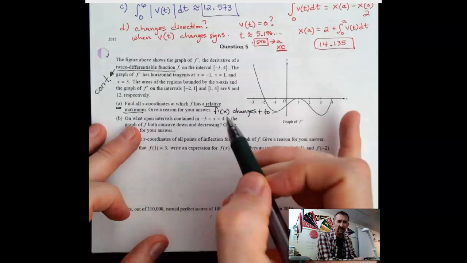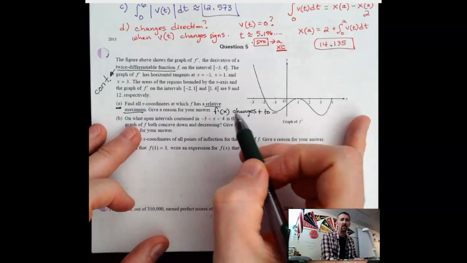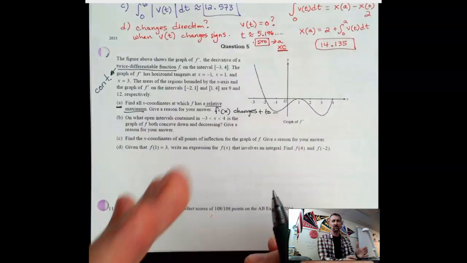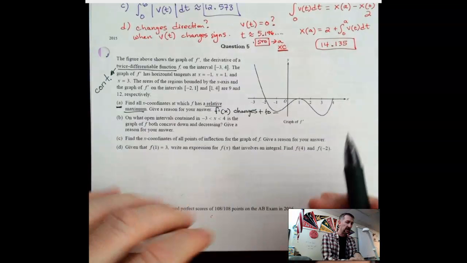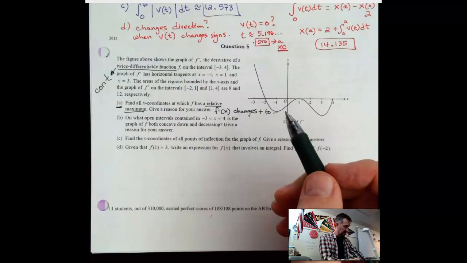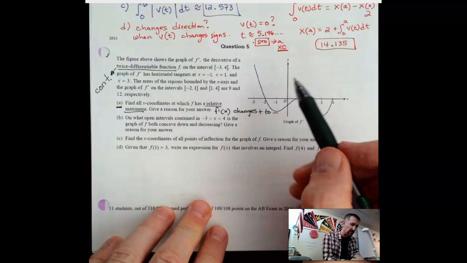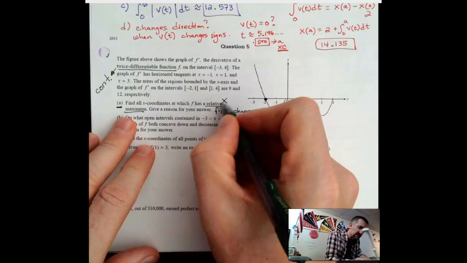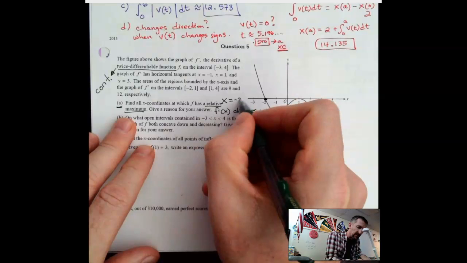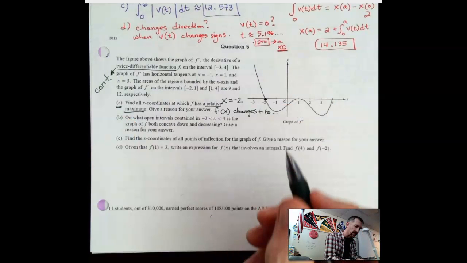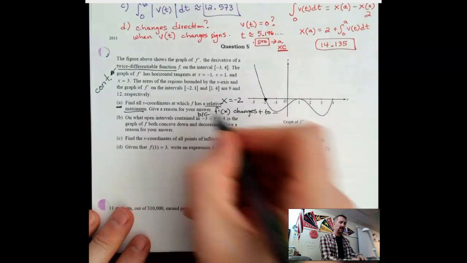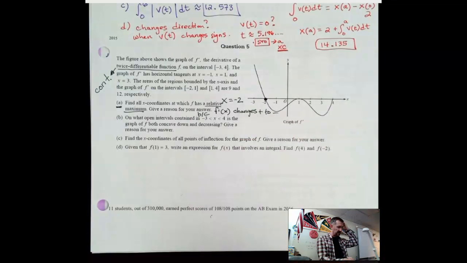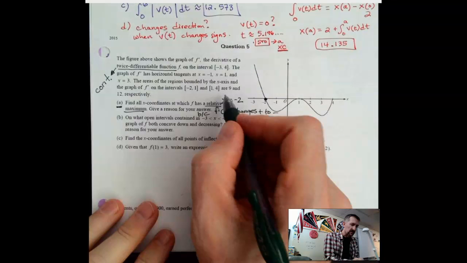Because when the derivative of f changes from positive to negative, f changes from increasing to decreasing, and that will give us a maximum. So it changes from positive to negative right here, so when x equals -2, because f prime of x changes from positive to negative. So there's our answer for that one.